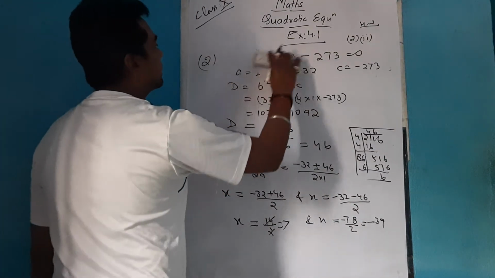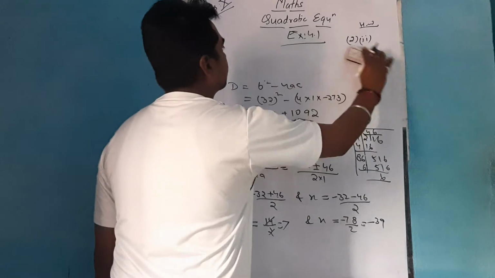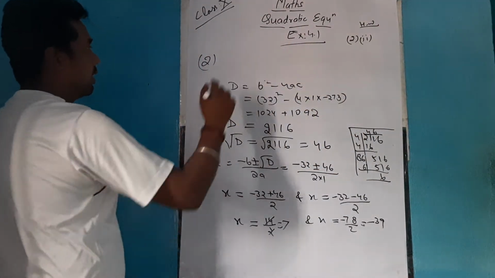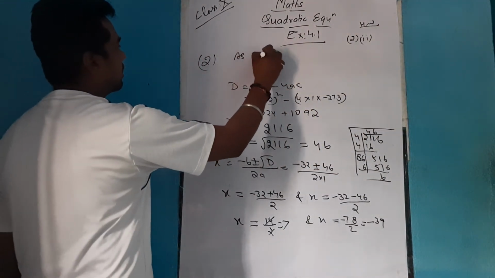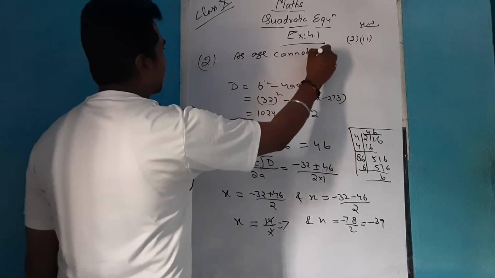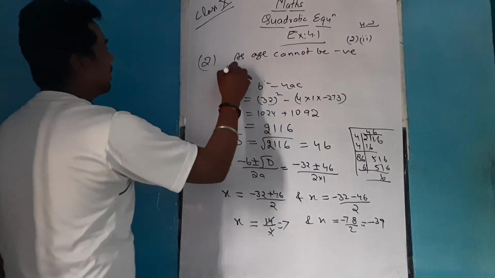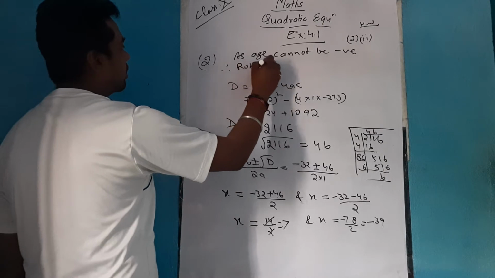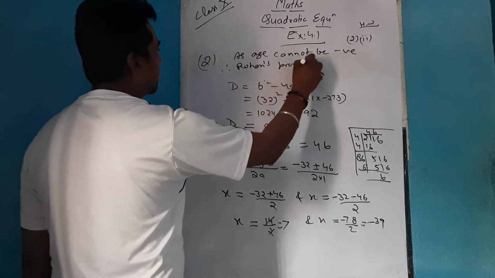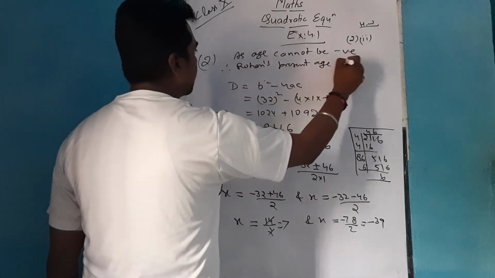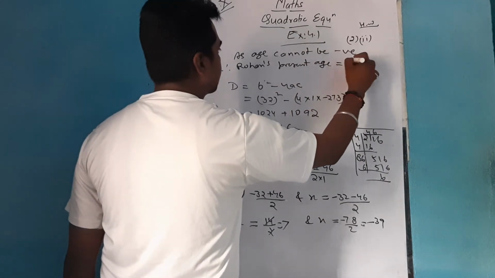so I'll write the answer now. As age cannot be negative, therefore Rohan's present age will be 7 years.